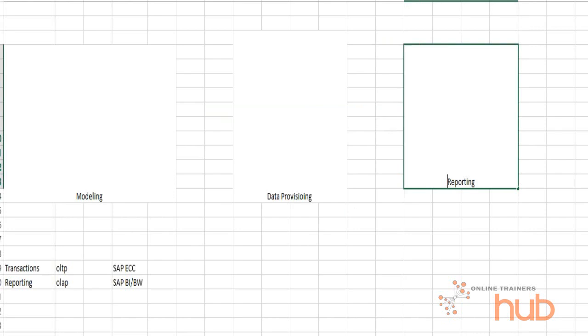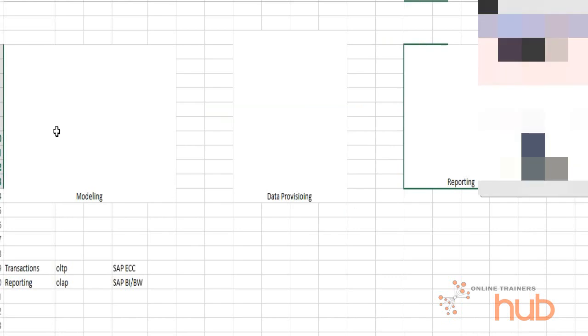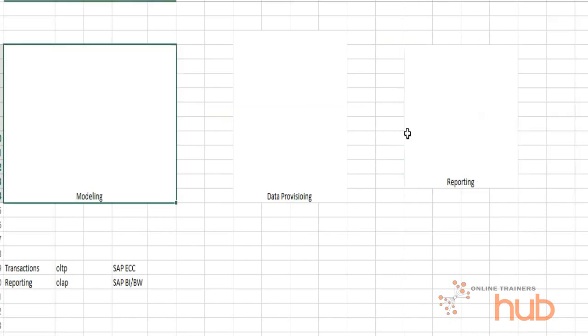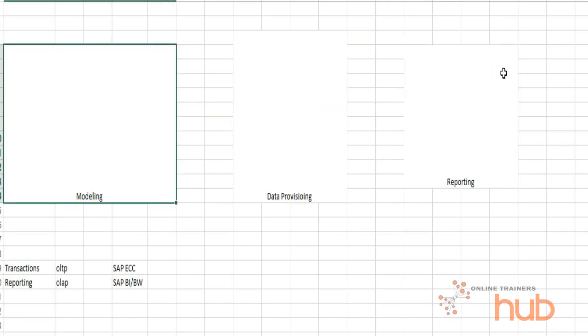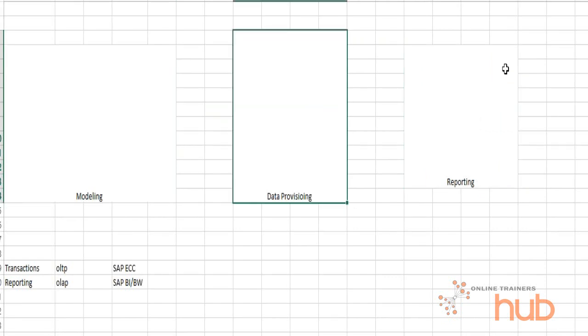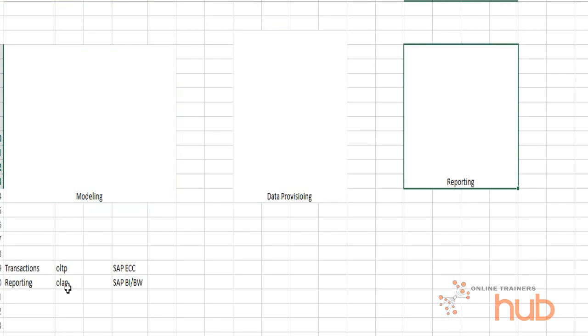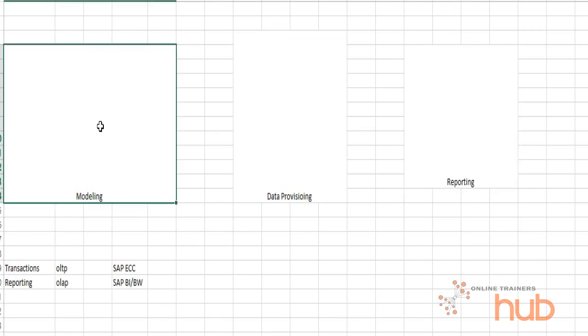Now, I have said that there are three types of activities that we do. One is your data modeling activity, the second one is your data provisioning, and the third one is your reporting activity. So modeling basically is very much similar to the way you create the schemas, the data definitions, the data dictionary, trying to create the different types of tables, views, synonyms, procedures, and functions in order to host the data.